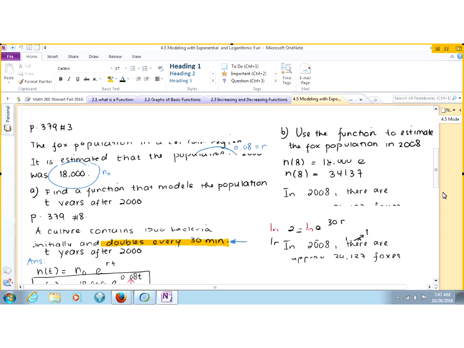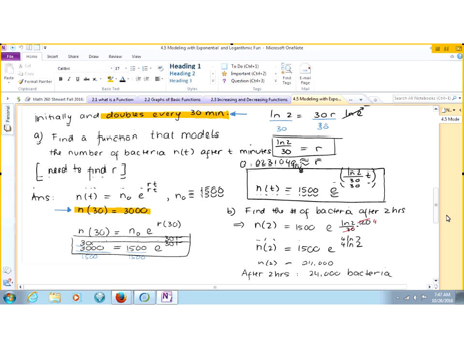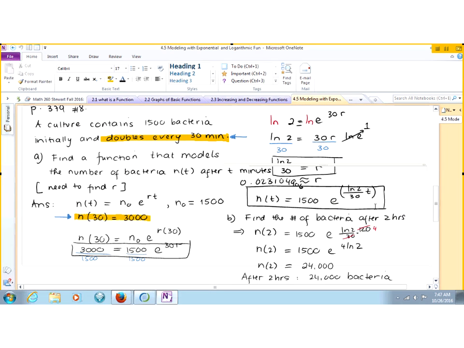This is the last. So we talked about two examples of exponential growth. Now, pay attention to the second example here. For the second example, it says doubles every 30 minutes. So after 30 minutes, the amount becomes 3,000, when previously it was 1,500.